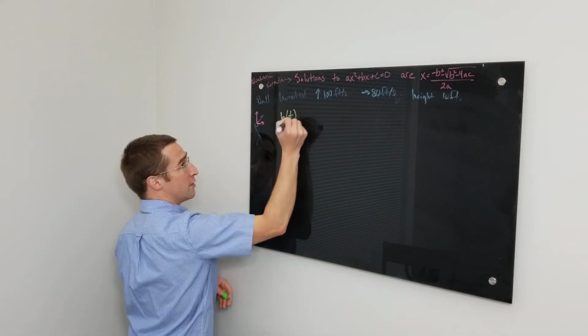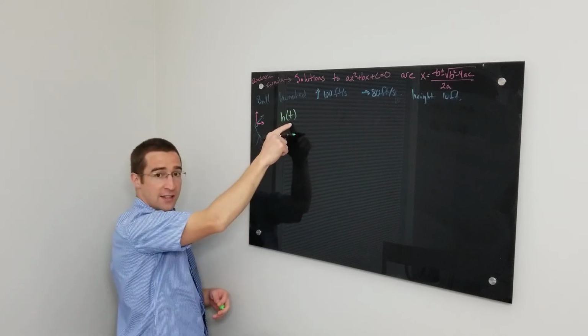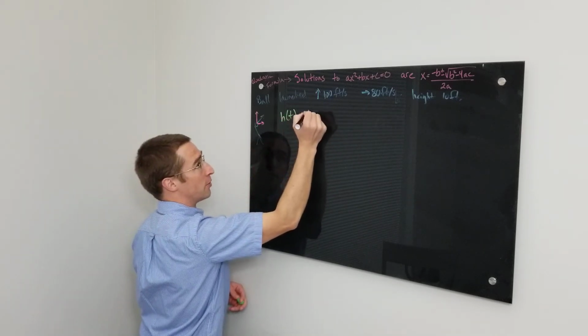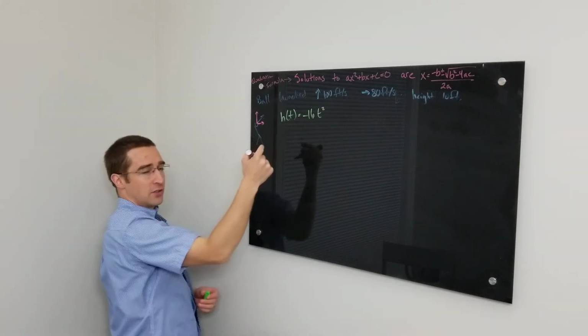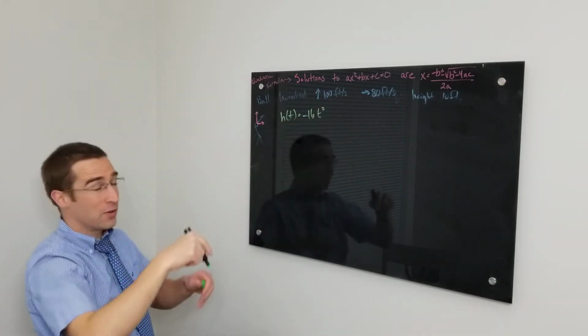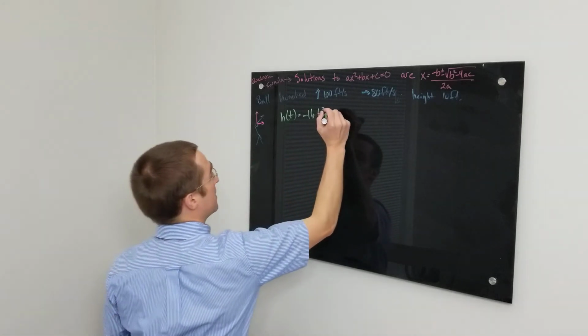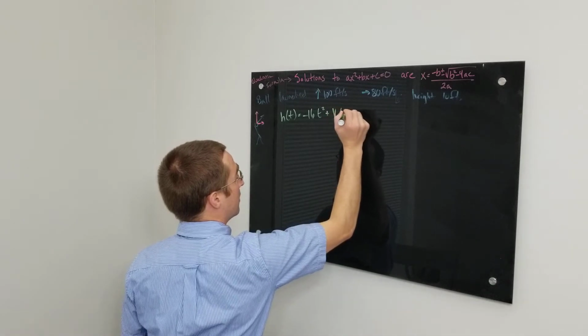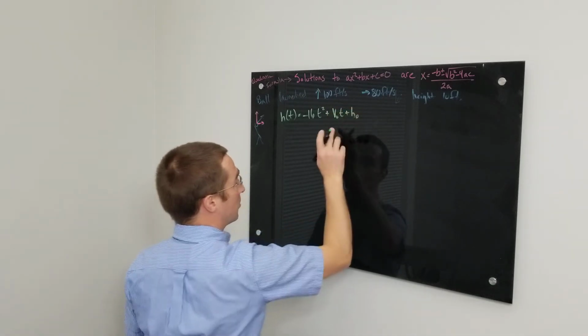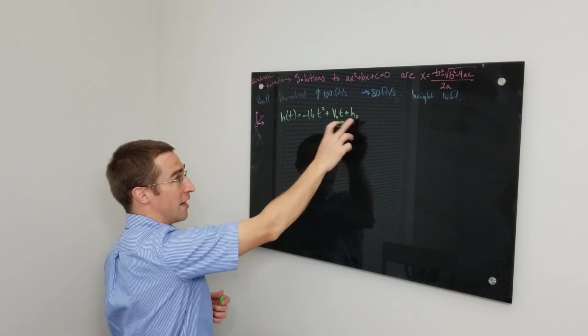h of t, which means the height t seconds after it's launched, is equal to negative 16t squared, because half of the acceleration due to gravity, and because gravity pulls it down, we're making that negative. And then it's plus v sub 0 t plus h sub 0, which we call v naught and h naught.